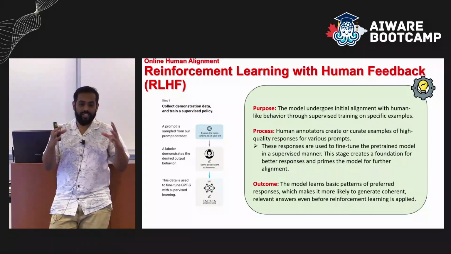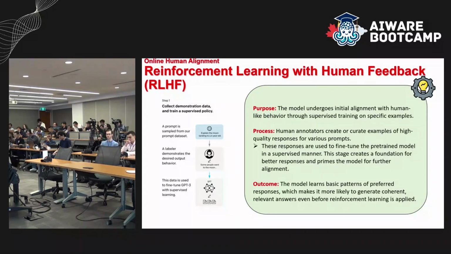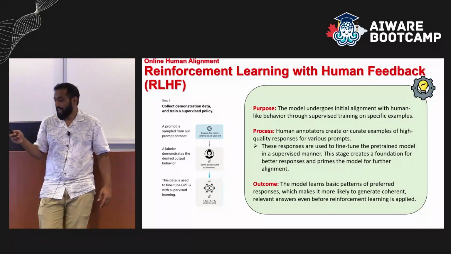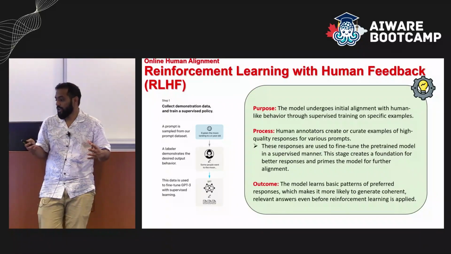So first, we take the pre-trained model, and then we supervised fine-tune it on different tasks, and we have the instruction-tuned model. Here, the data on which it's supervised fine-tuned is probably instruction-following data, and the outcome is that we now have a model that can respond in the way that we want it to respond.